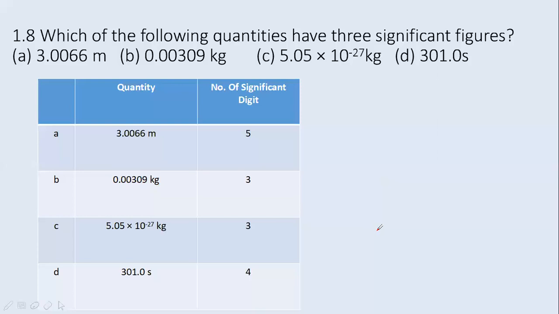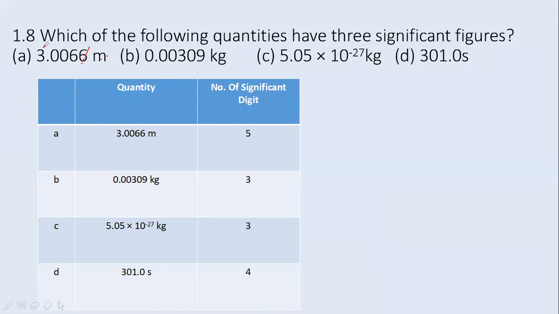Which of the following quantities have three significant figures? This 6 is significant according to the first rule. This 6 is also significant. This number is also significant.